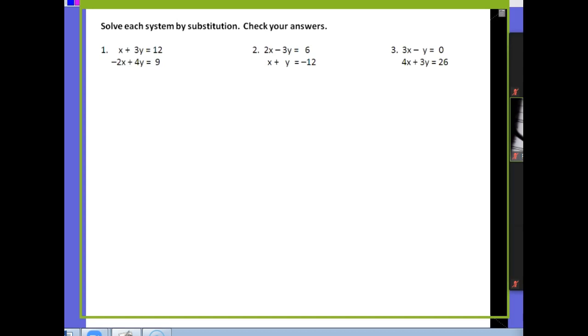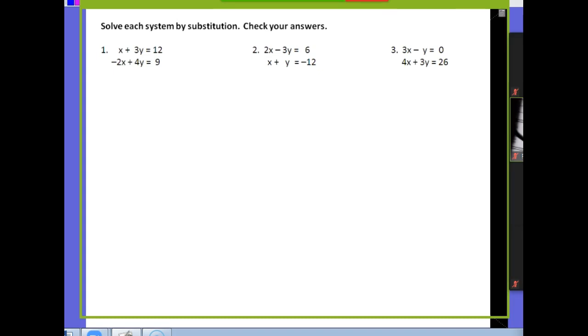In number 1, we're looking at each of those terms, and we're looking at the coefficient of the terms. And when I look at this, I notice that the x value in number 1 has a coefficient of 1. So I'm going to choose to solve for x in equation 1. So I want to solve for x in equation 1.